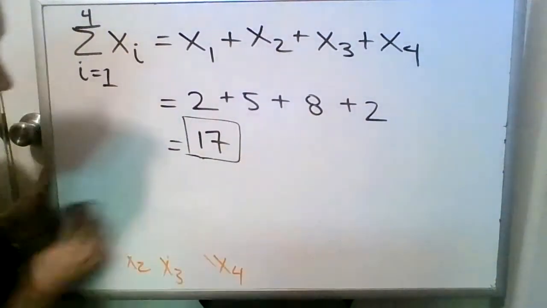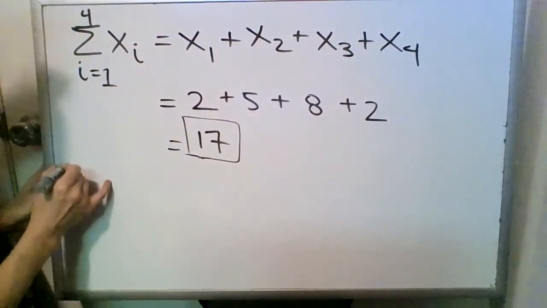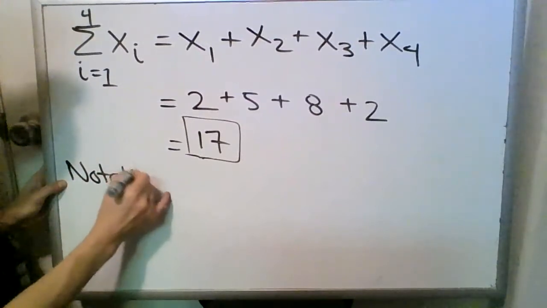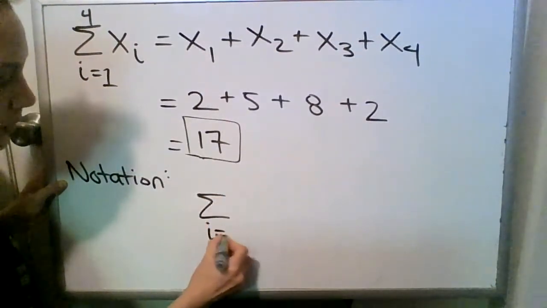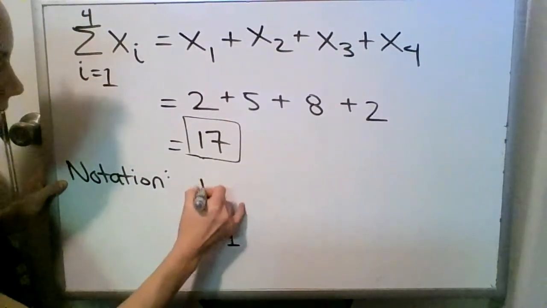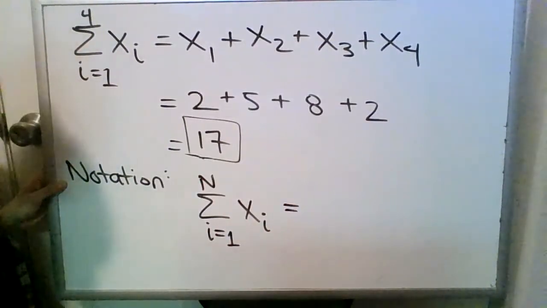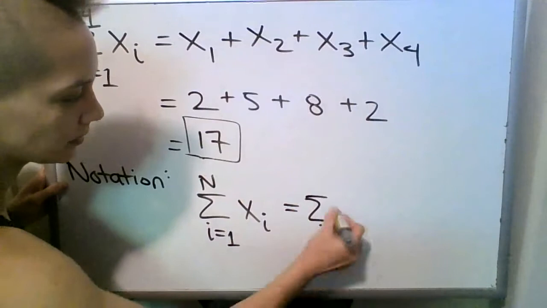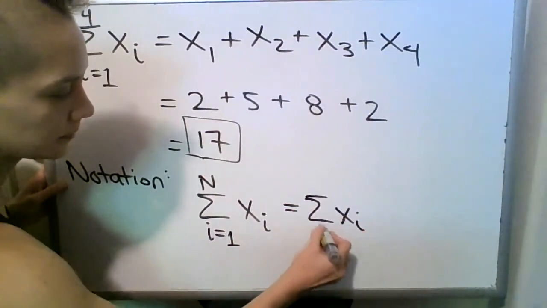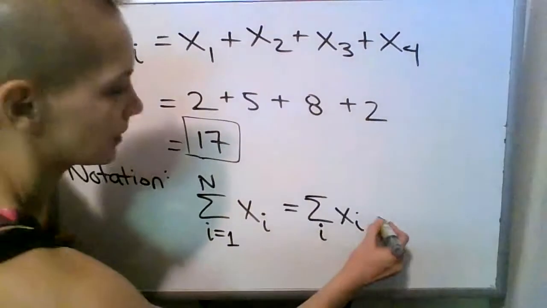It's just a little cleaner notation for the sum from I equals 1 up to n of your x sub I. It's also written as just the sum of all I for x sub I. And again, the idea is sum your data set.